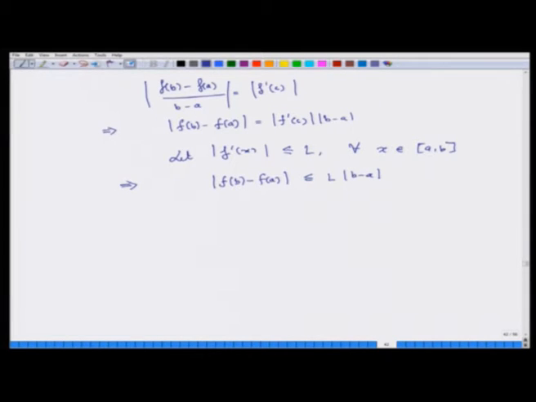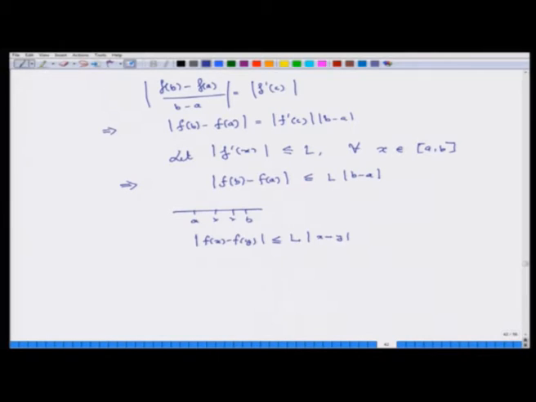Now, it does not matter whatever x and y you choose between a and b. You take any x and y between a and b, I can always show that mod of f x minus f y is less than or equal to L, the same L, times mod of x minus y.